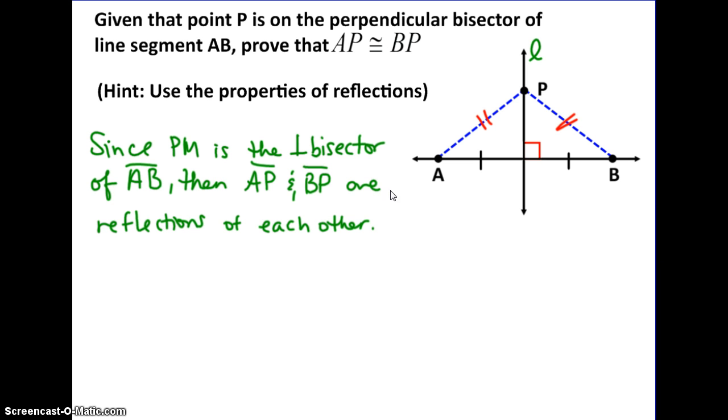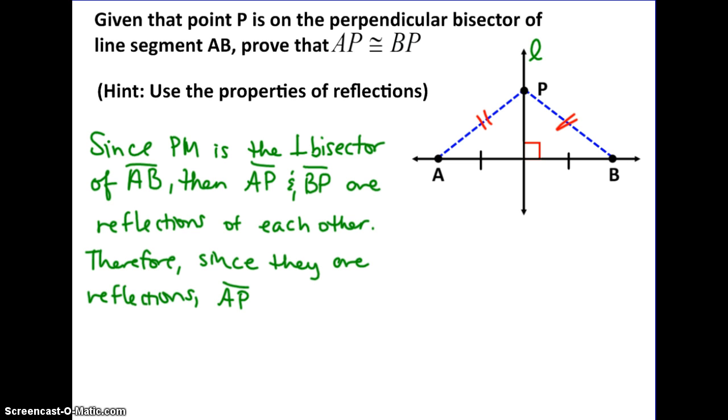And since they are reflections, AP has to be congruent to BP by the definition of reflections.